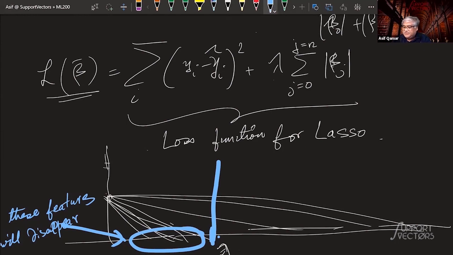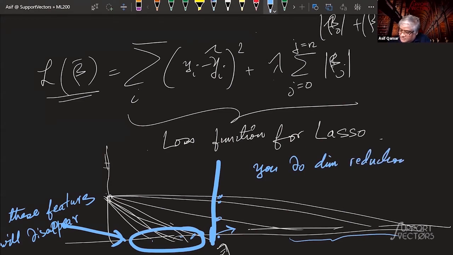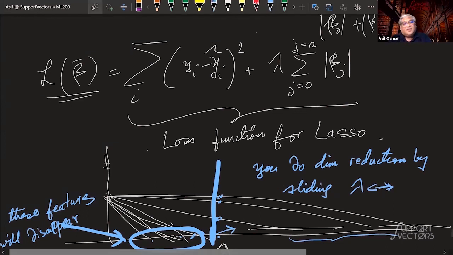So you choose your lambda wisely so that, at this moment, this particular beta is alive, this is alive, and this is alive, but these ones have all gone to 0. So you do dimensionality reduction by sliding lambda back and forth, and you get certain feature reductions.